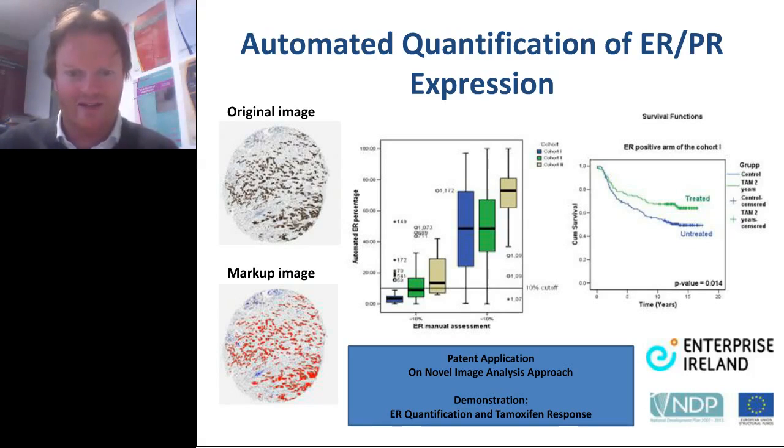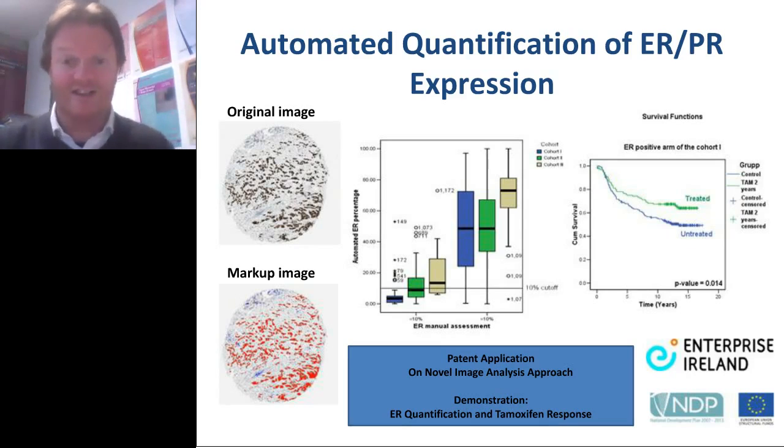By comparing manual analysis to our automated analysis, we see a very strong correlation between where we would class the 10% cutoff for ER positivity based on the automated staining compared to how 3 independent pathologists would score. In fact, the level of concordance between the replicates of our algorithm is actually better than the level of concordance between 3 independent pathologists.